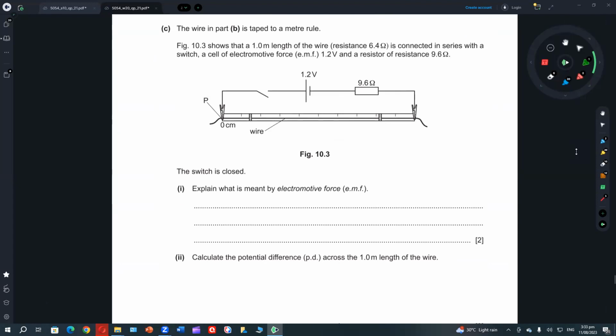The wire in part B is tapped to a meter rule. The figure shows that a 1 meter length of the wire, resistance 6.4 ohm, is connected in series with a switch, a cell of electromotive force, and a resistor of resistance 9.6.